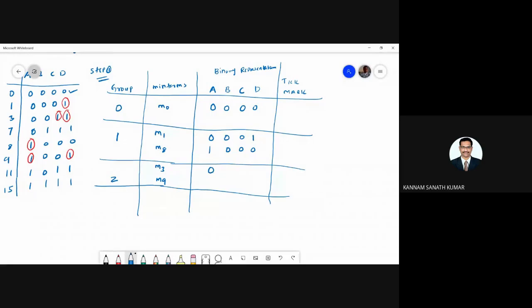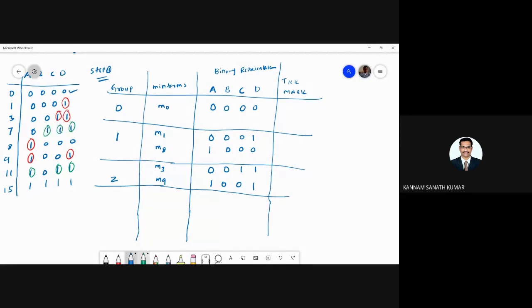So you have to group that. Write the binary representation of 3 and the binary representation of 9. And next you have to see for 3 ones. You have to make one group. If you see the 3 ones, M11 has 3 ones, and 7 has 3 ones.